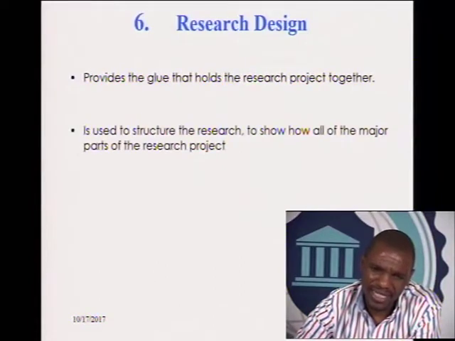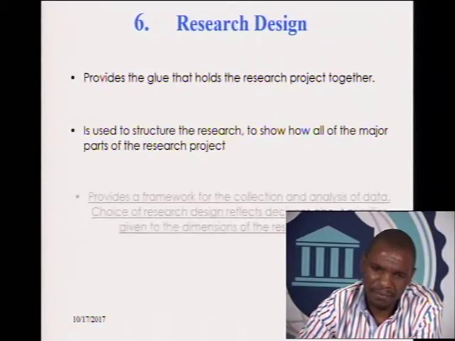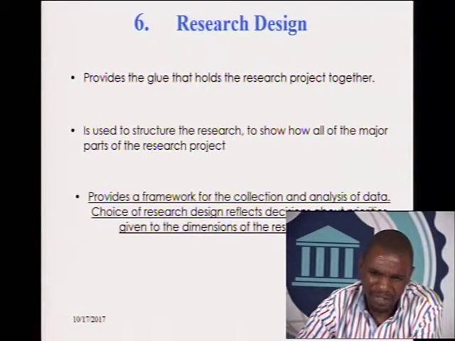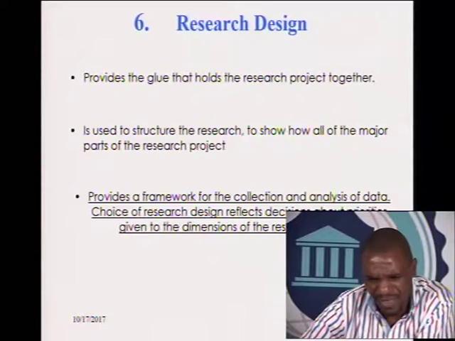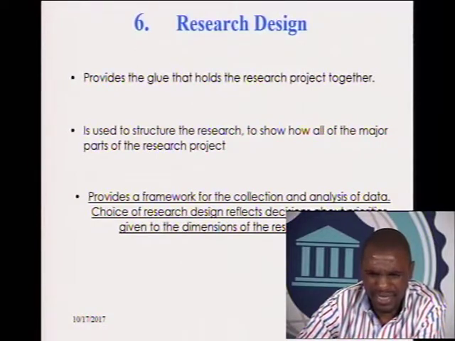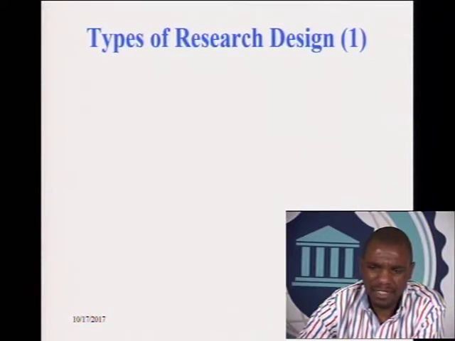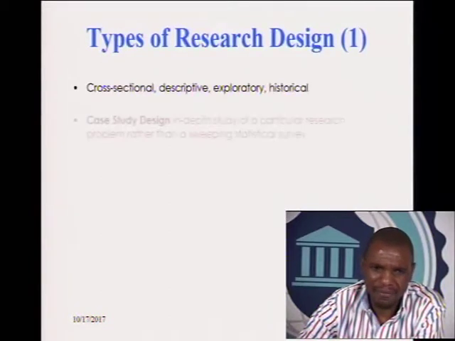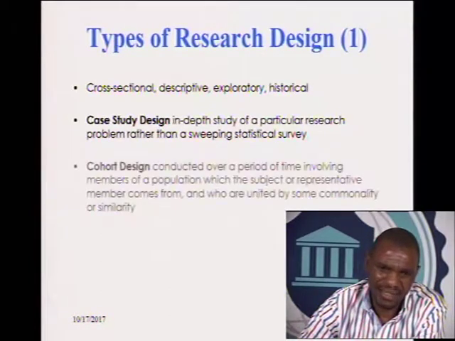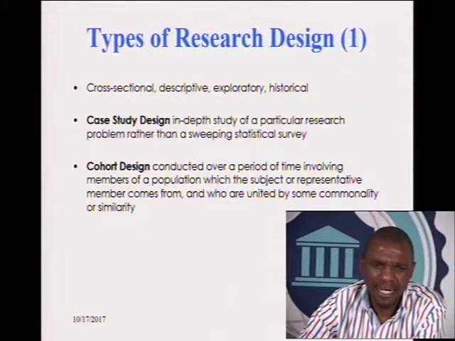It is used to structure the research and show how all the major parts of the research project fit together. It provides a framework for the collection and analysis of data. The choice of research design reflects decisions about priorities given the dimensions of the research process. Also, types of research design, there are quite a number of them: cross-sectional, case study, cohort design.